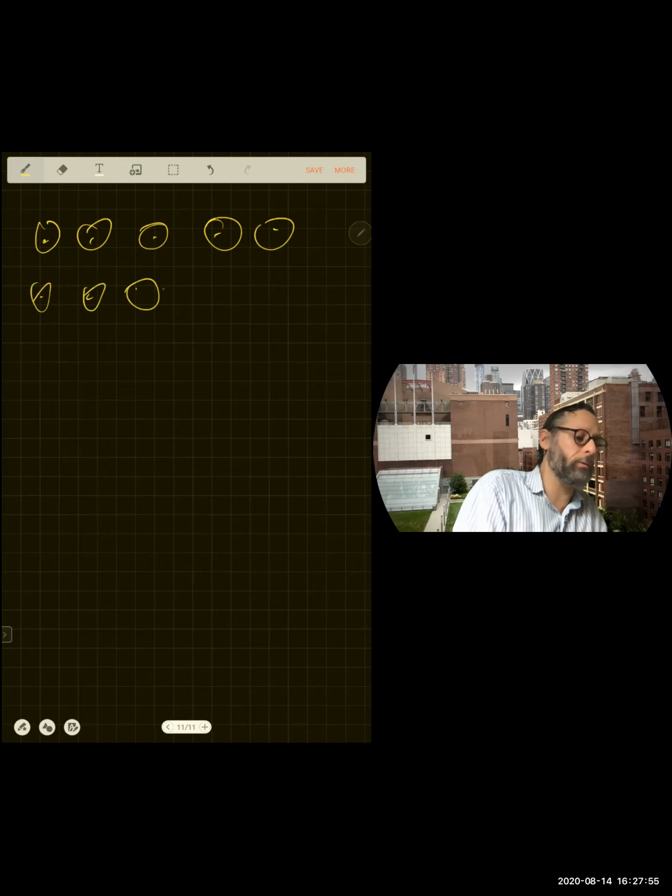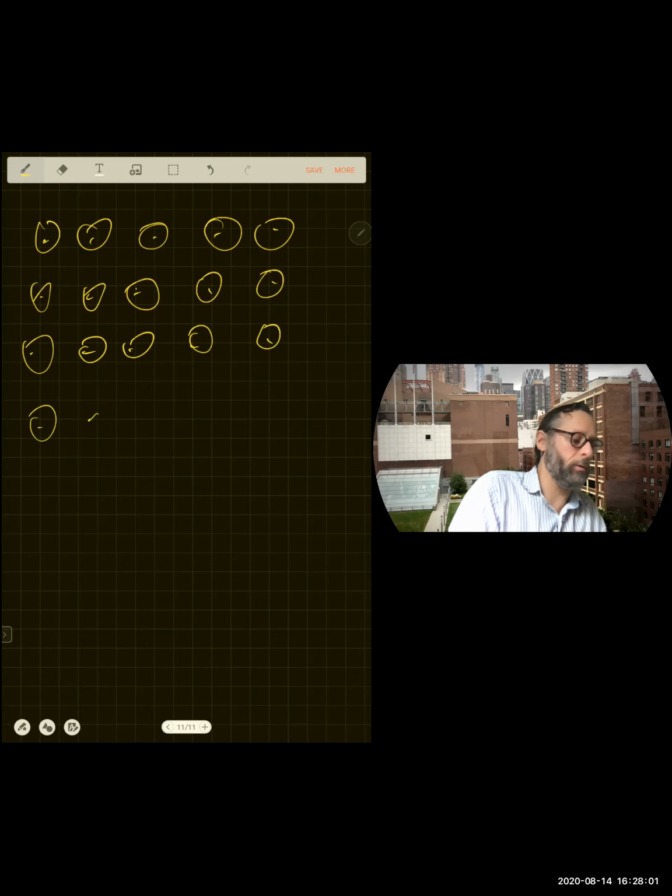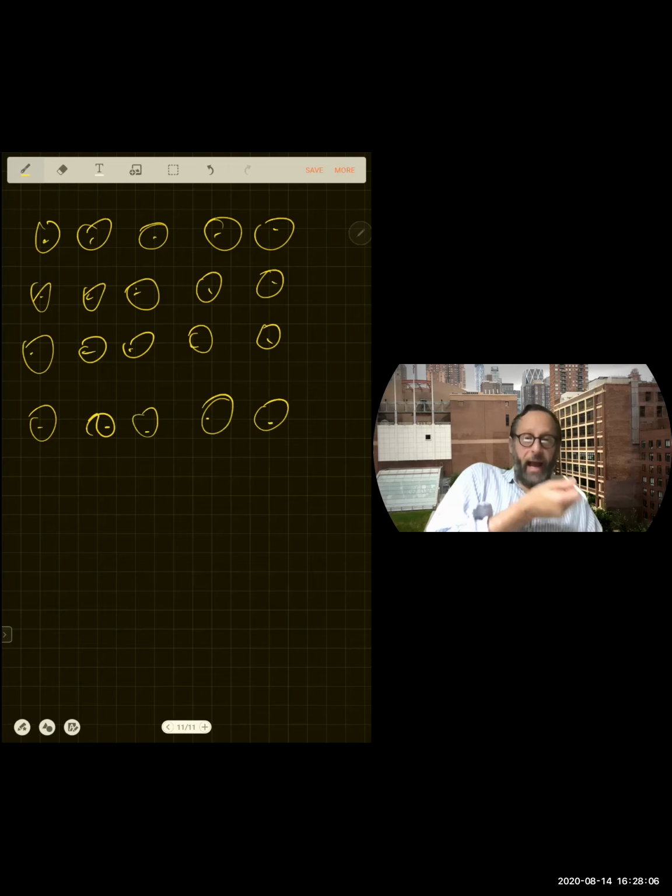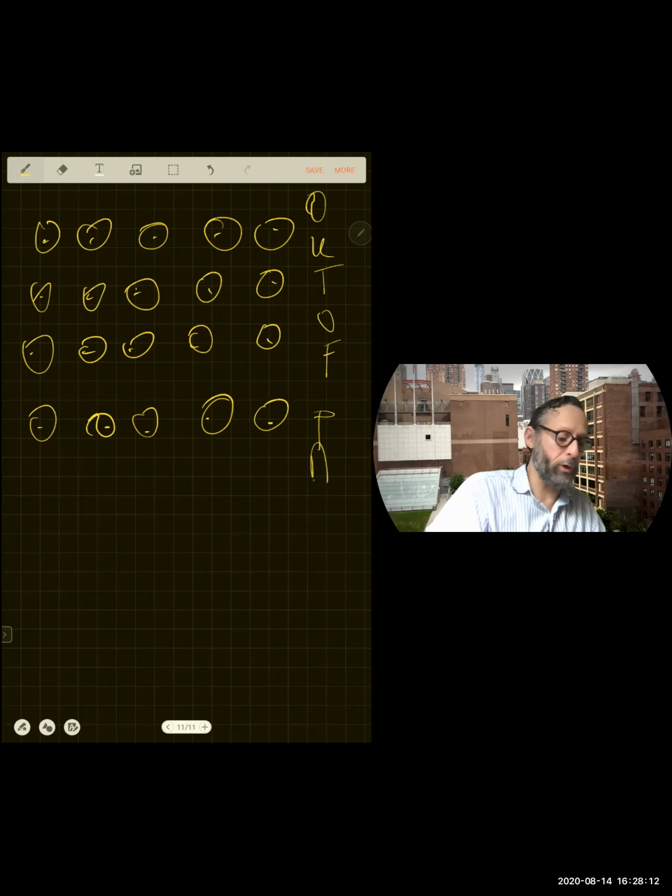These dots represent magnetic field lines coming out of the page, because we're looking down bird's eye view on the lab table.